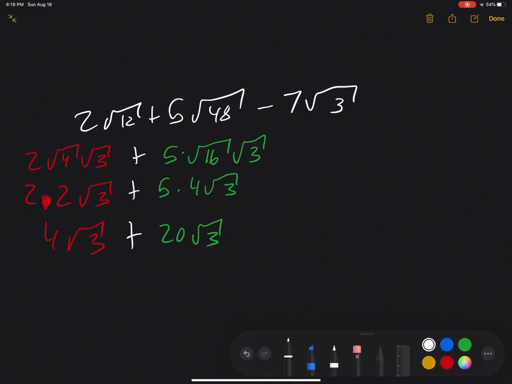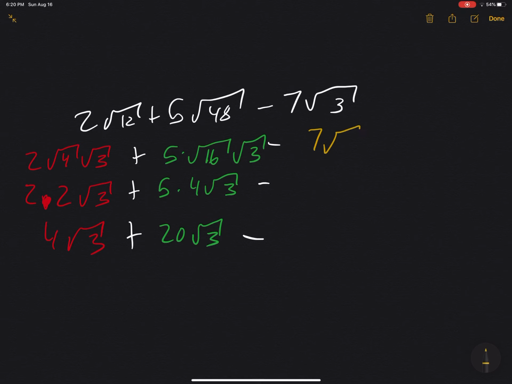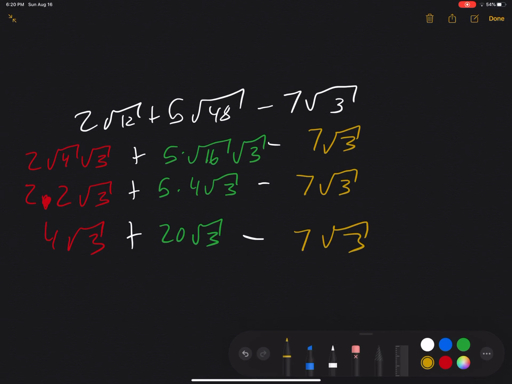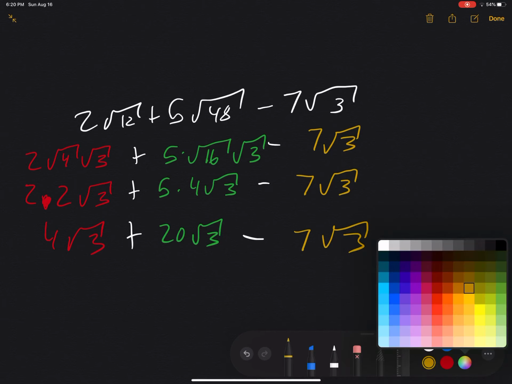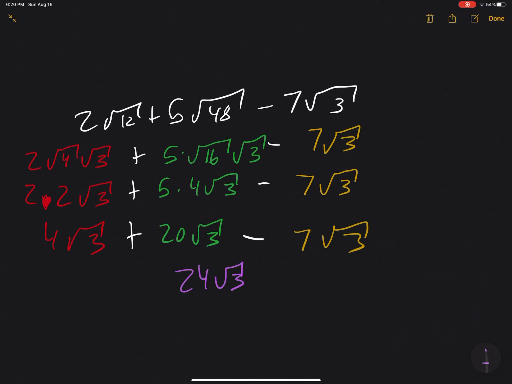Then we have our minus sign, and 7 root 3 is in simplest terms, so it's just 7 root 3 all the way down. And what we end up with here is 4 root 3 plus 20 root 3 is 24 root 3 minus 7 root 3 is equal to 24 minus 7, which is 17 root 3. And there is our solution for this problem.